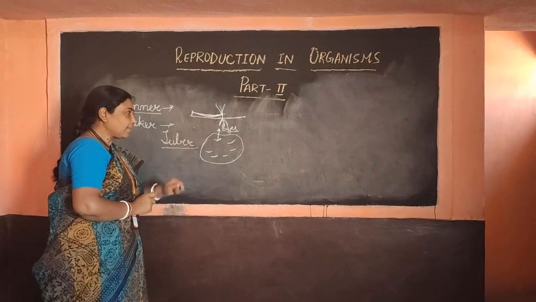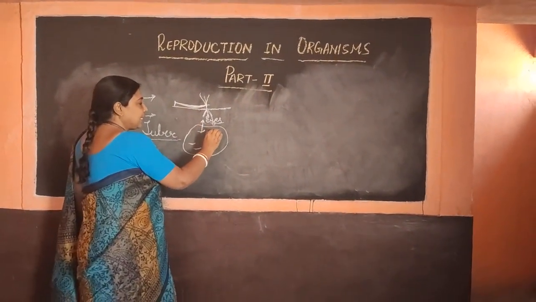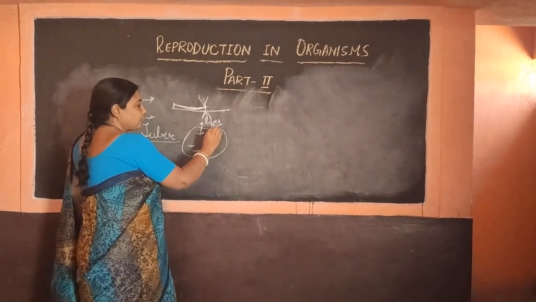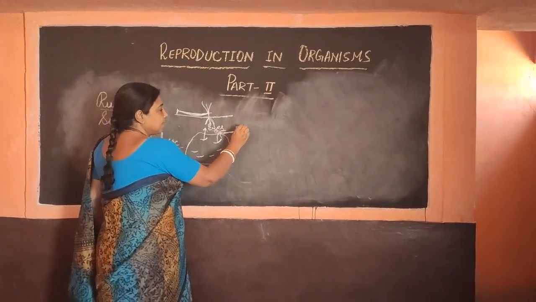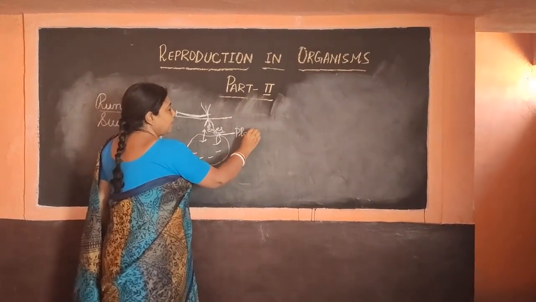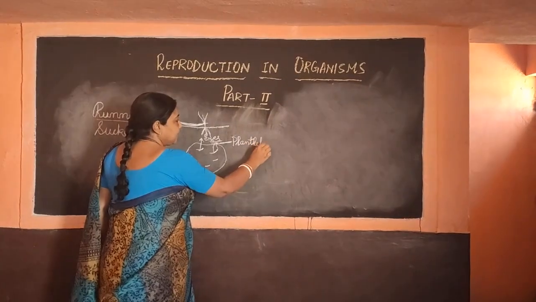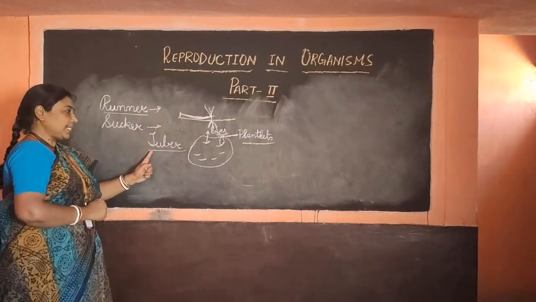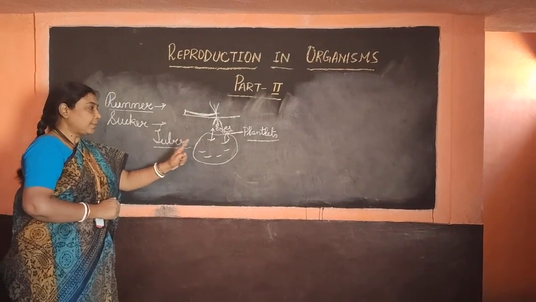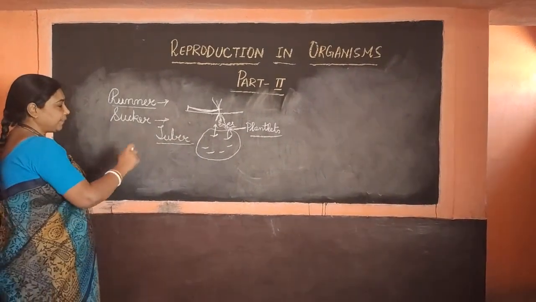And ultimately what is seen is that some buds come out of this region, and these buds are ultimately responsible for the formation of new plants, the plantlets. So you have seen how in tuber the modified stem is responsible for the formation of new individuals.